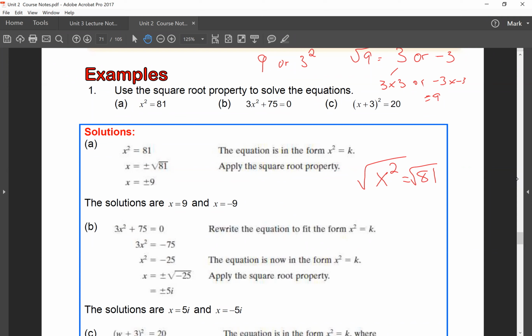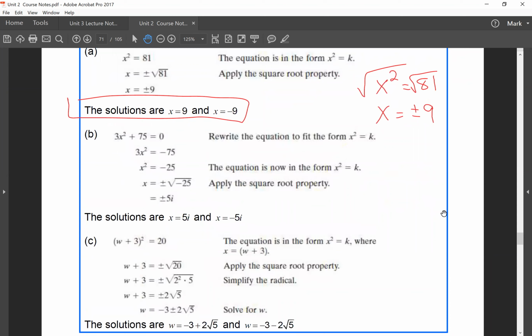The square root of x squared is just x, and then this will leave us with plus or minus 9. You can do this on your calculator, not the plus or minus part, but if on your calculator you enter the square root of 81, you will get 9. So my solutions for A are plus and minus 9.